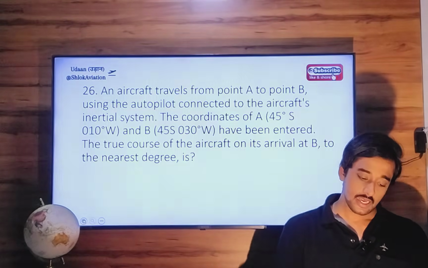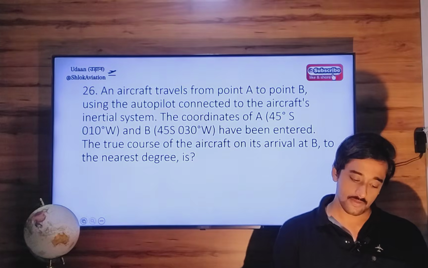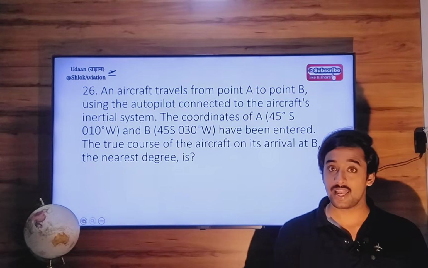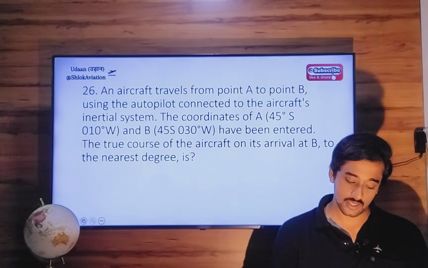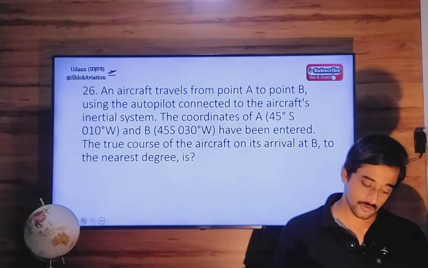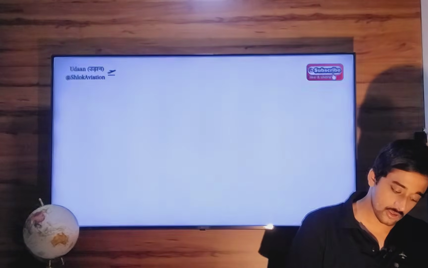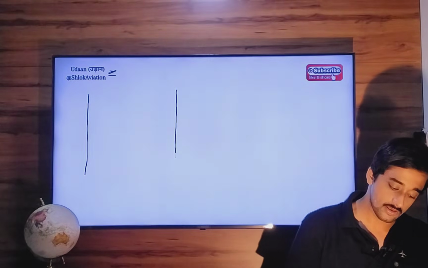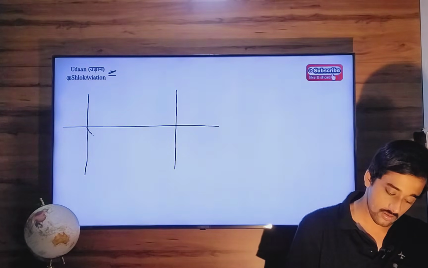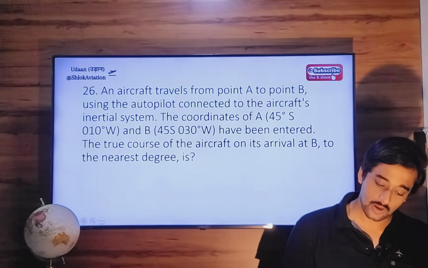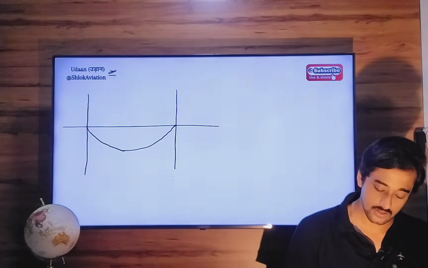Next, aircraft travels from A to B. Coordinates of A and B are given. What is the course of the aircraft on its arrival at B, the great circle track at B? So let's draw this: 45 south, 10 west, 30 west.